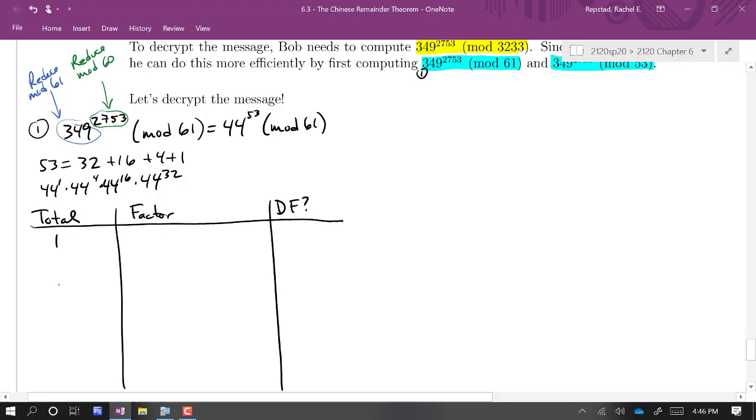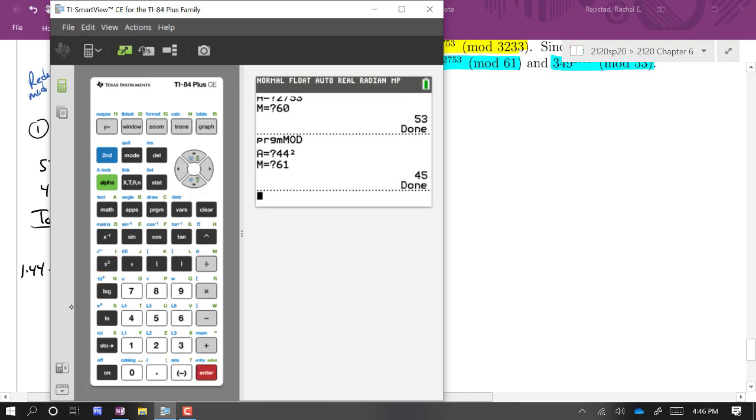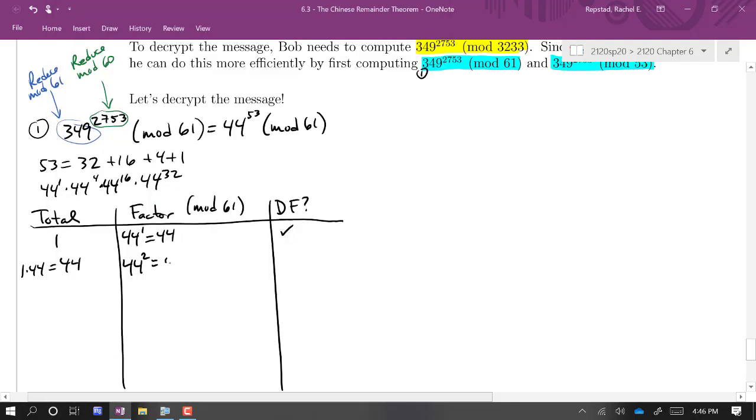Our total always starts at 1. Our first factor is our base to the first power, 44 to the first, which is 44. This is a desired factor, and so our total changes, and we get 44, which is already reduced mod 61. Our next factor is 44 squared. Reducing that mod 61 gives us 45.